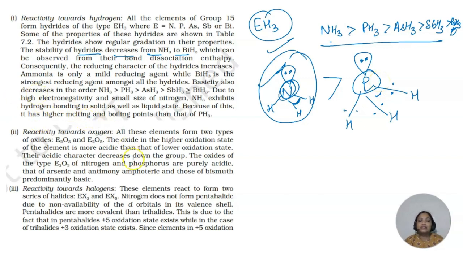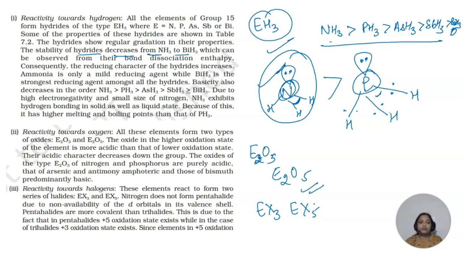Reactivity towards oxygen: they can form two types of oxides, E2O3 and E2O5. Similarly, EX3 and EX5 types of halides are also formed. Nitrogen will not form pentahalide because of the non-availability of d orbitals in the valence shell.